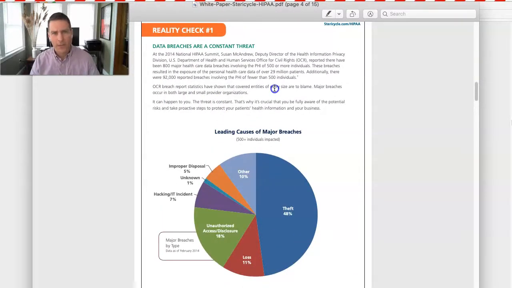You've got this reality check 1, whatever. I know I'm going to see a bunch of these guys doing reality checks. That's kind of their spin on this particular white paper, to call it a reality check, which is again kind of cool.